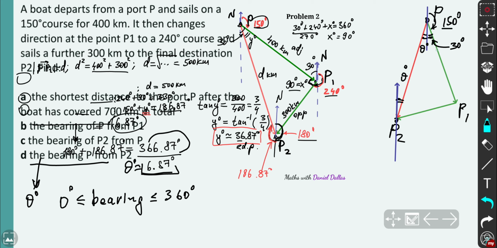So we've got 150 plus 30, okay? And 30 plus theta, in total theta plus 30, should give us the angle within the triangle, basically angle Y. And angle Y, as we calculated, is 36.87.